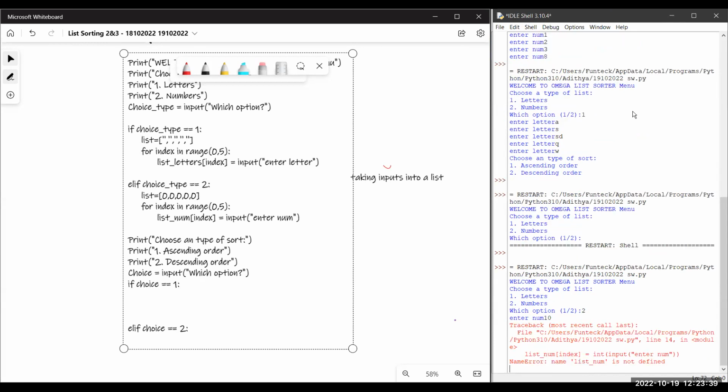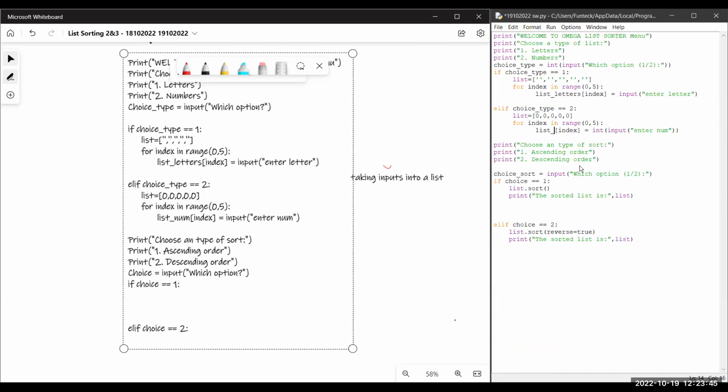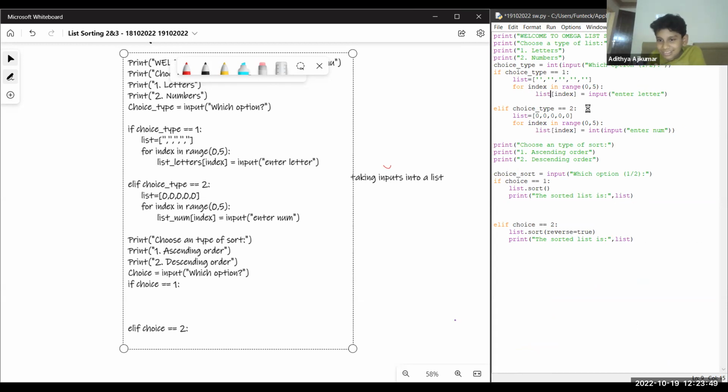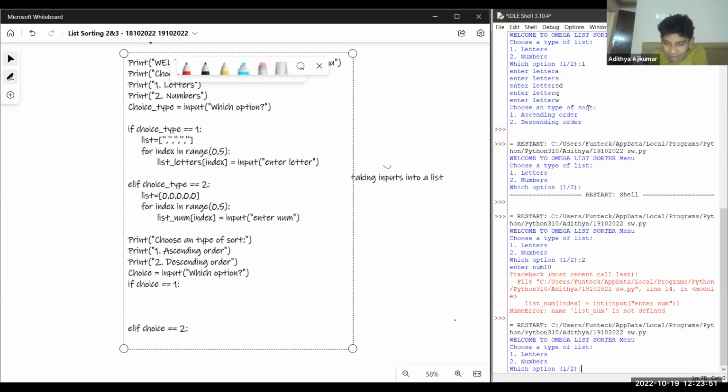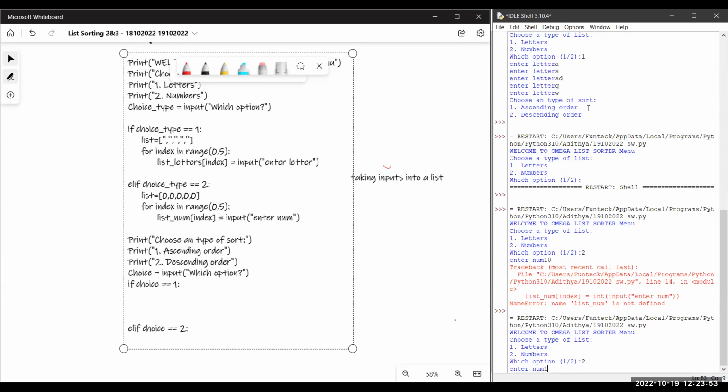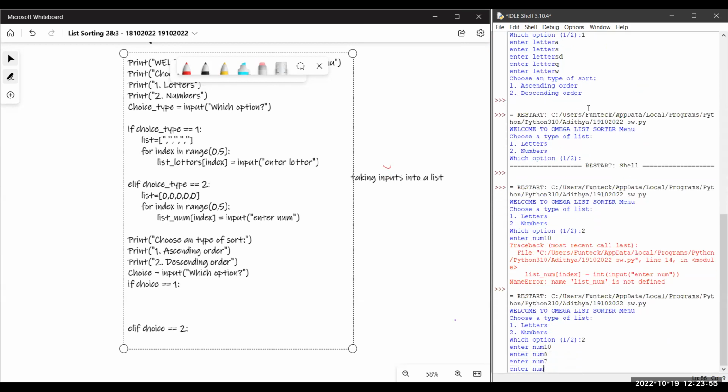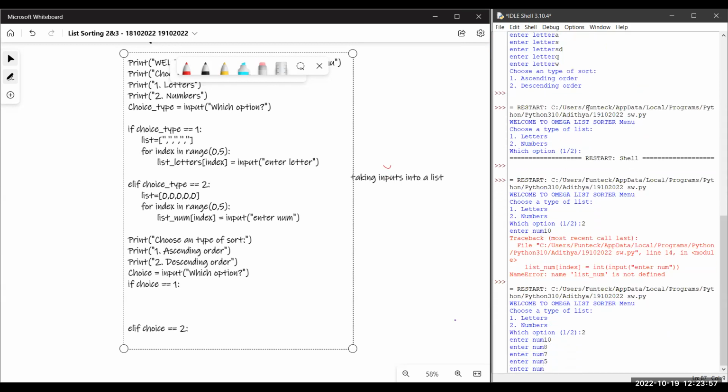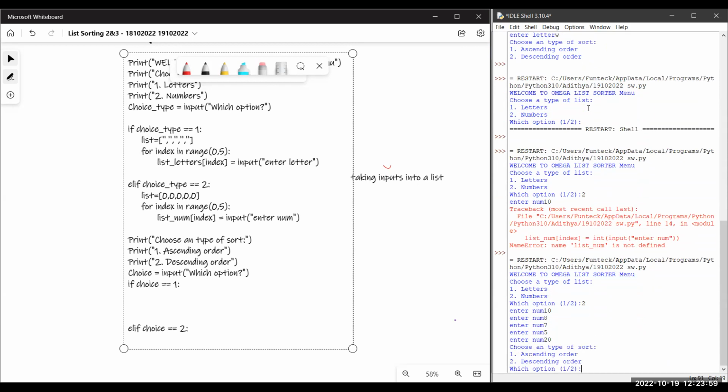First number is 10. Now, Aditya, do you want ascending order or descending order? Which type of sort? Any order. Let's try descending order. Option 2.